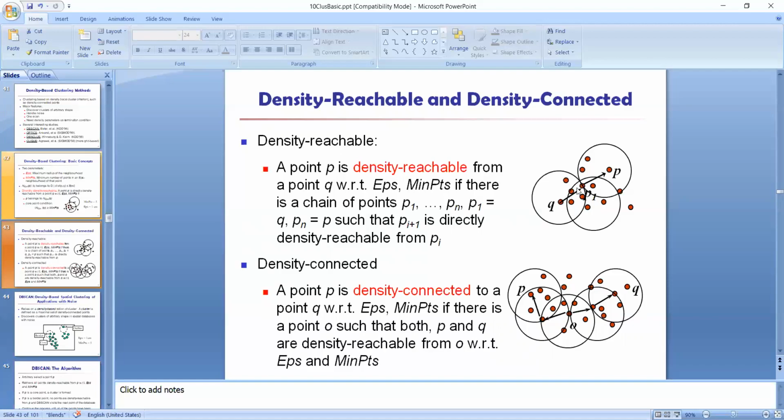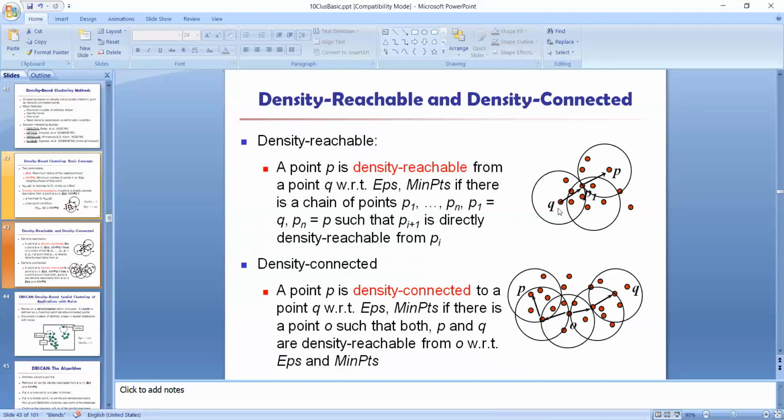Q is a core point and also P1 is within the epsilon neighborhood of Q. So P1 is directly density reachable from Q. Now from P1 to P: again it is directly density reachable. If I draw a circle for P1, P1 becomes a core point and P is within the density reachable area of P1. So from P1 to P, it is directly density reachable.